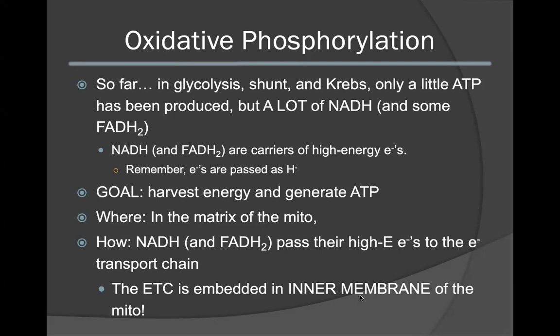That energy in those electrons is going to be used to pump protons. And this is occurring, remember, in the innermost membrane of the mitochondria. So it is important to review the overall structure of the mitochondria because it's important to understand where the electron transport chain and where these electron carriers are becoming important, and also where these protons are being pumped with respect to what space.